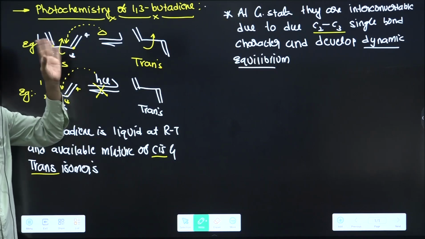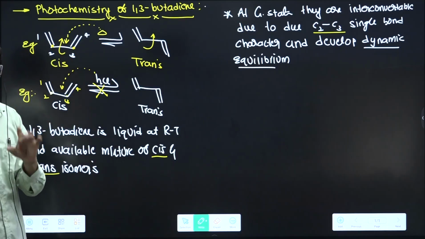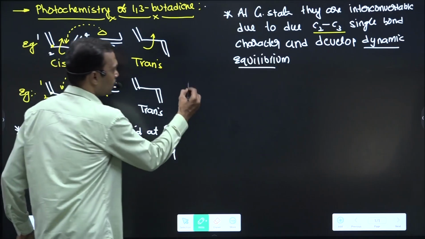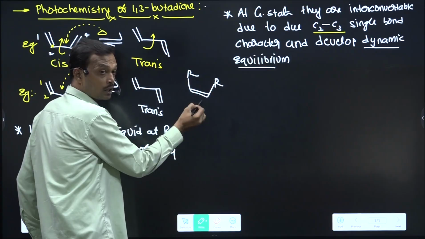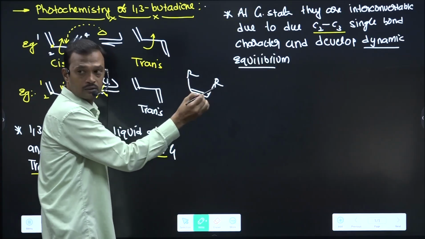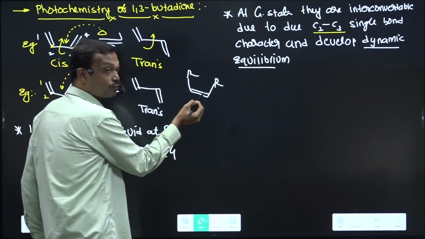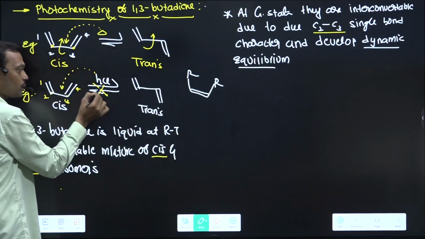Clear? This point you need to remember. Normally cis-trans isomerism is possible under photochemical conditions, but only for simple olefin having only one double bond. If a molecule has only one double bond, we can convert it into cis and trans under photochemical conditions. Yesterday we discussed this one, 330 nanometer stilbene. So this we can convert into the trans isomer photochemically. But this isomer is never converted to the trans isomer photochemically.